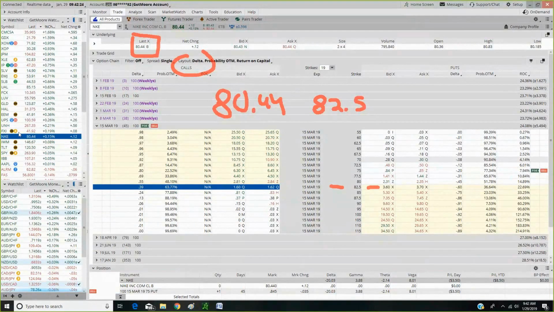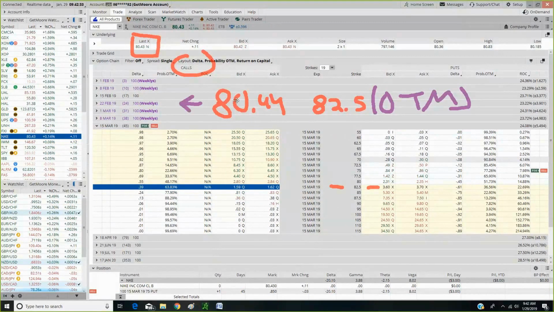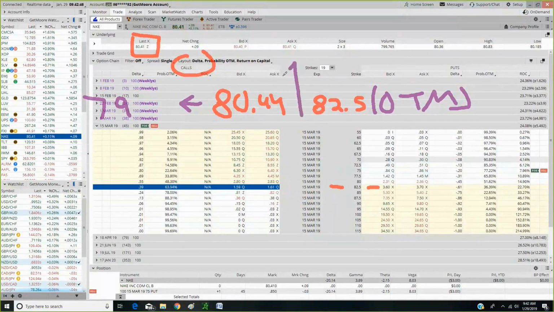We talked about this: in the money is anything under the price of the stock. So if I had bought the 79 call, it would be in the money. This is out of the money. Now, in order for me to be profitable, Nike has to move up above the 82.5 strike.